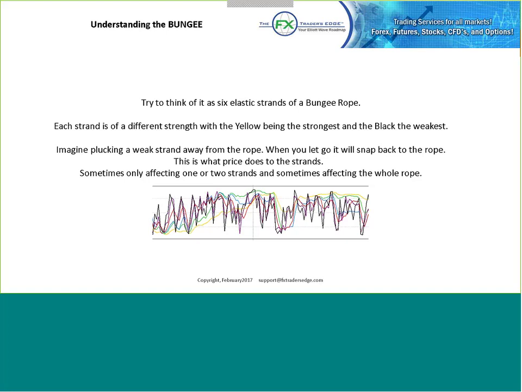This time it involves the blue here. And this move is so strong that each time we come back to the rope, to the main strand, we pull a bit harder, the green one's been affected, and eventually we've managed to affect the yellow and got it to the top channel. So that just demonstrates how the bungee moves.